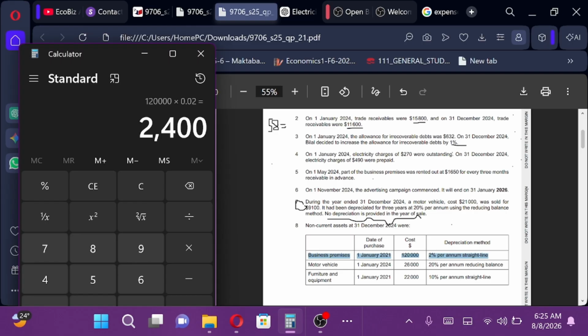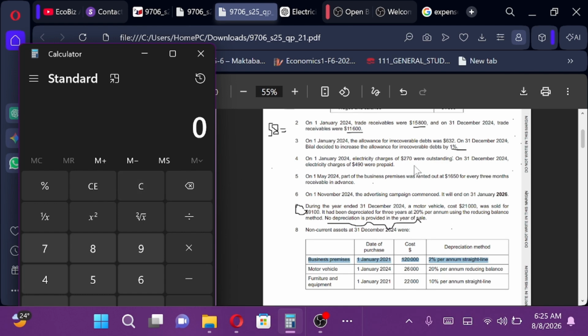And this year is 2024. So when we count the number of years, we have 4 years. So we take 2,400, multiply by 4 years to get 9,600. Now 9,600 is the accumulated depreciation for business premises.